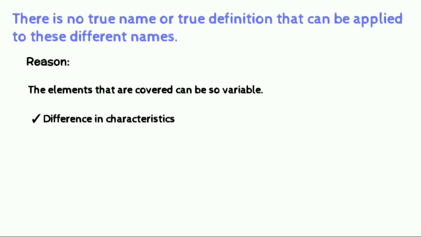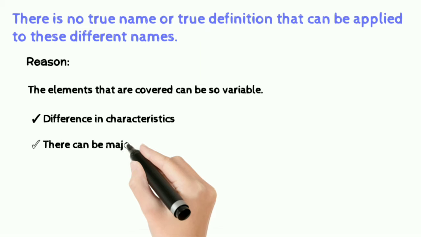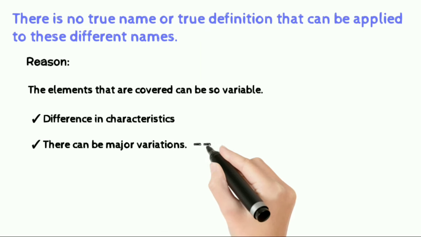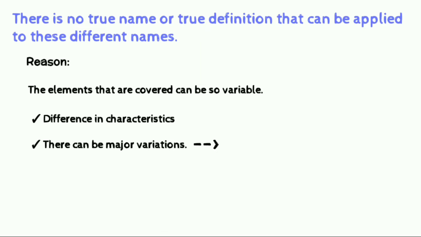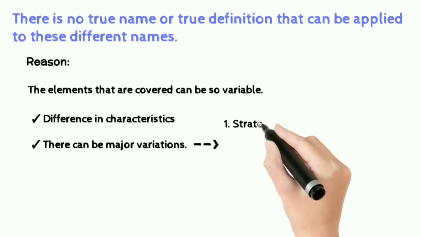For example, every industry has its own characteristics. And for each business, there can be major variations. Saan nga ba sila nagkakaiba-iba? First, pwede sa strategy.